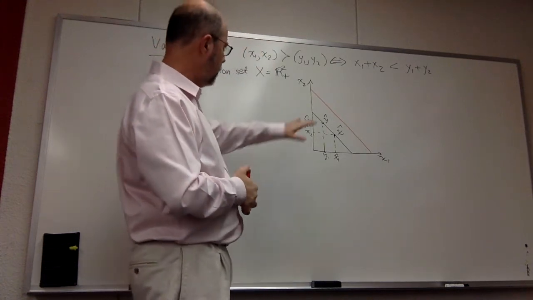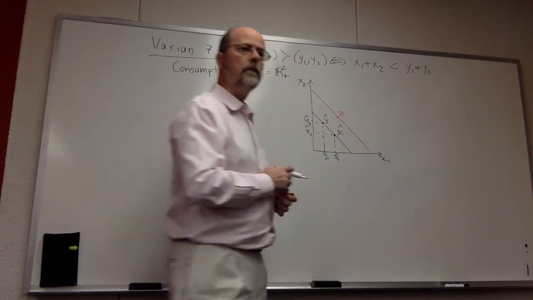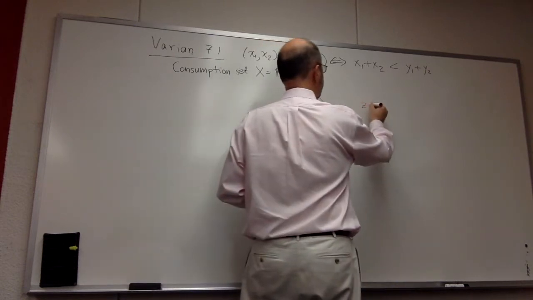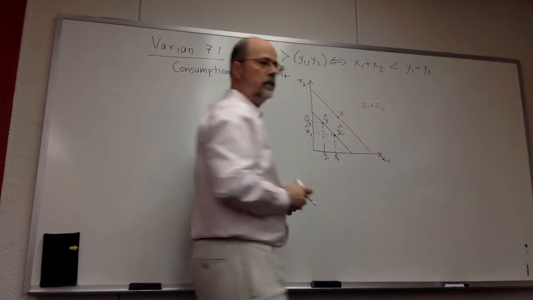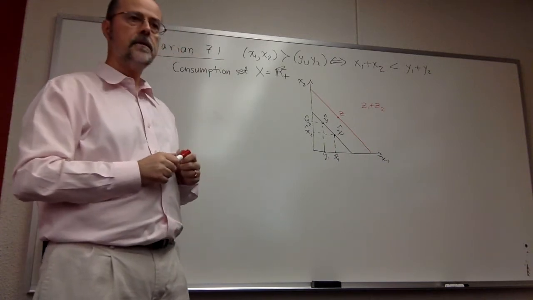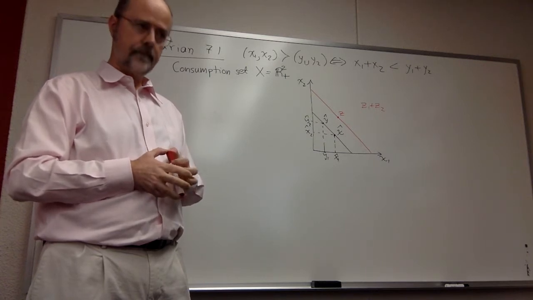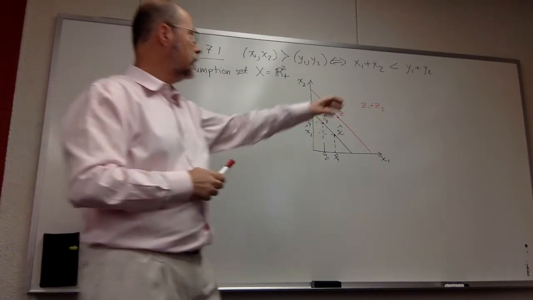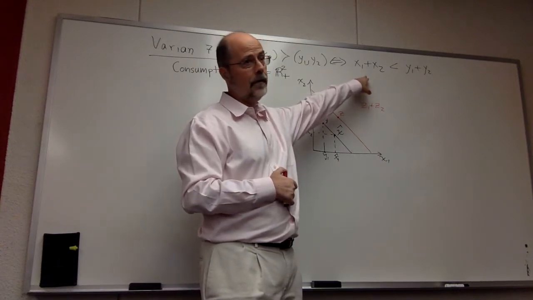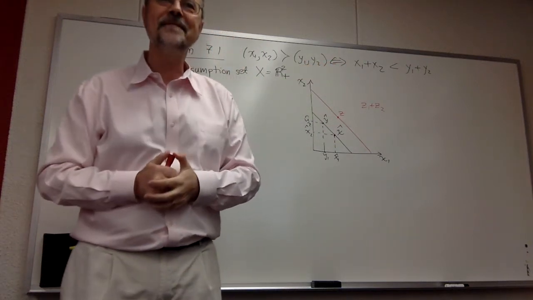Now, if you take any point z on this, what will be true of z1 plus z2? Will it be bigger or smaller than x1 plus x2? Bigger. Greater. Does our friend the consumer like more or less? What does this say? He likes less.